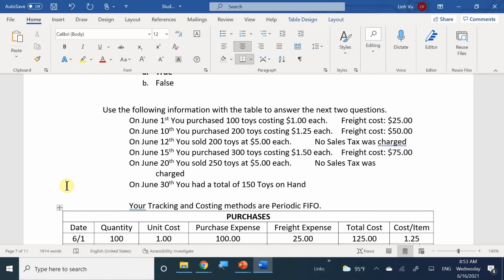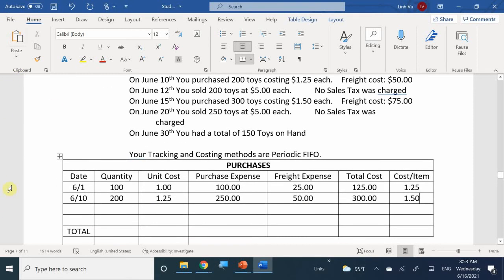All right, so good. So then on June 15, we purchased 300 toys at $1.50 with the freight costing 75 cents. So in this case, June 15, 300 at $1.50 with a freight of 75.